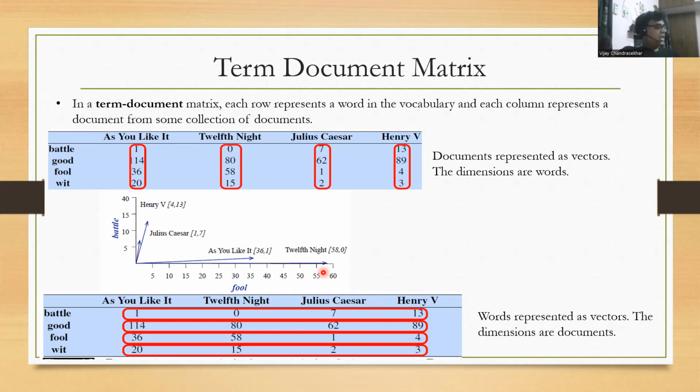You understand the question? I have one book. The word fool occurs 20 times. I've written another book. The word fool occurs 100 times.